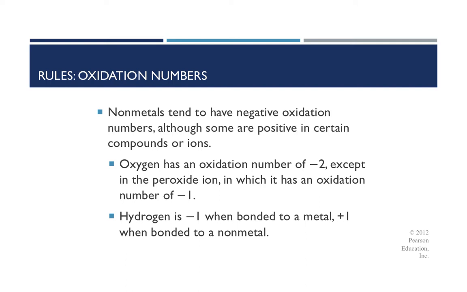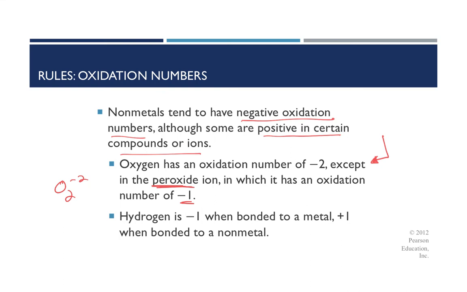Nonmetals in a compound tend to have negative oxidation numbers, although some are positive in certain compounds or ions. So let's talk about nonmetals for a second. They tend to be negative. Two important rules for this. Oxygen has an oxidation number of -2, which is typically what we think of as its charge, except for if it's part of the peroxide ion. And again, the peroxide ion is O2 2-, at which point it has an oxidation number of -1.